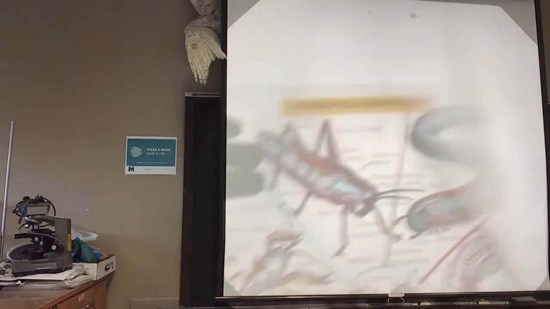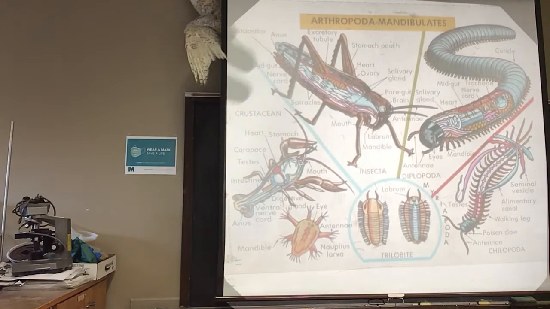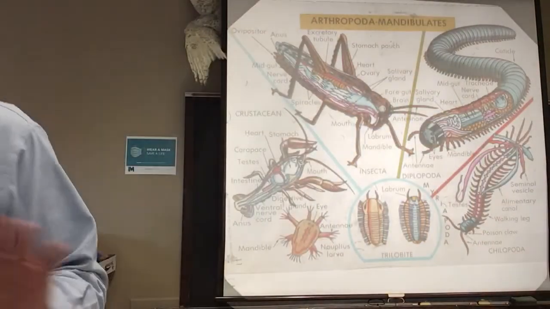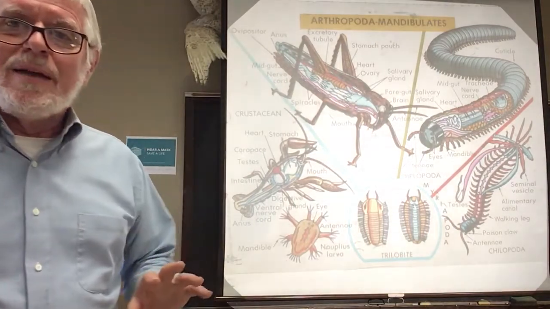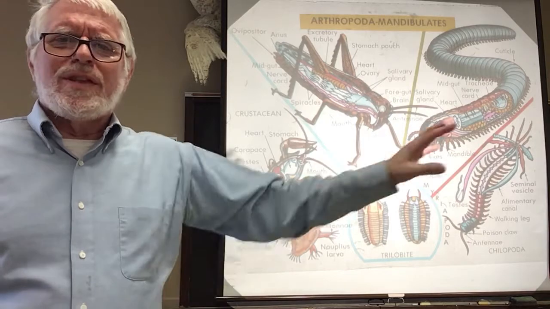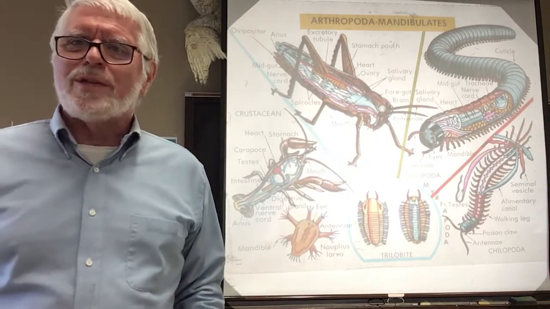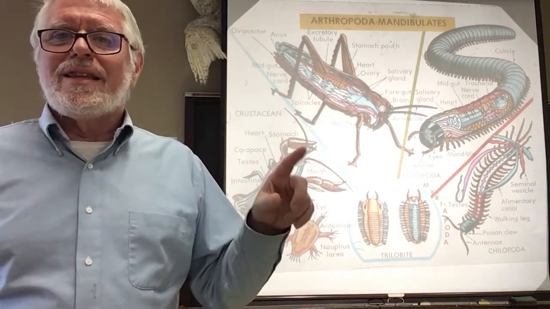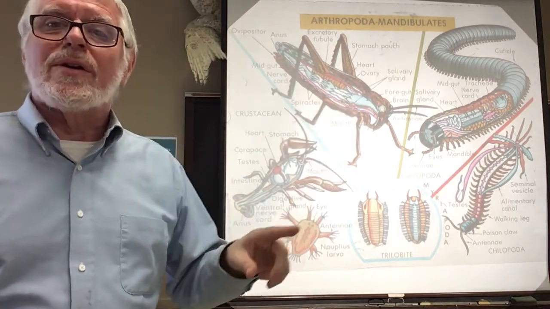I'm going to throw this up early so that I don't forget it. The mandibulates have a lot of groups, but these are the four major groups. Two of these are probably a major group because they're land groups and you might possibly run into these guys. The most diverse groups are here and here.